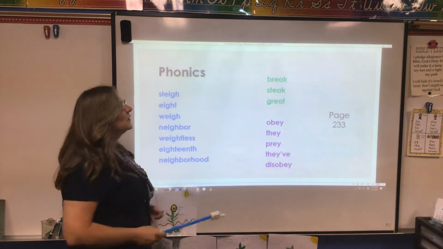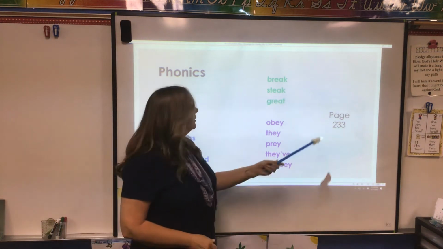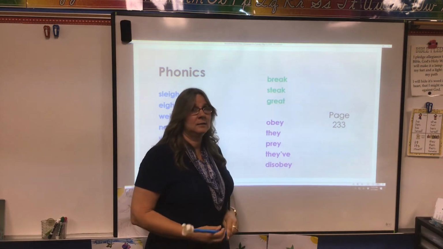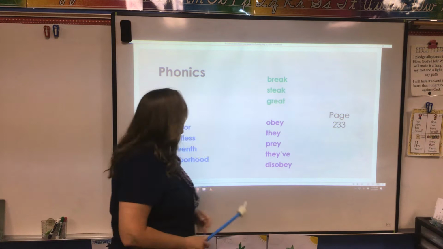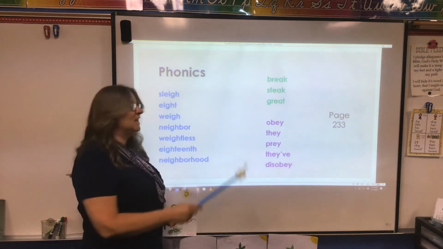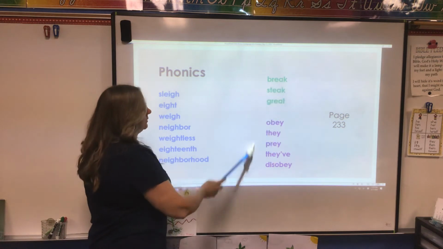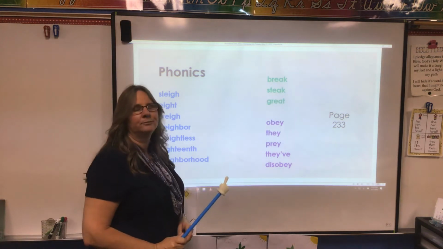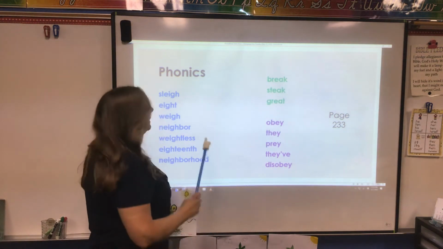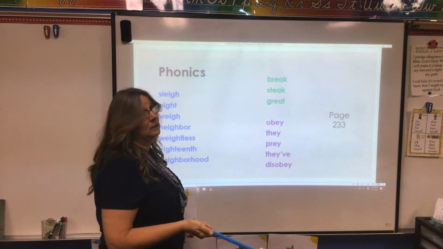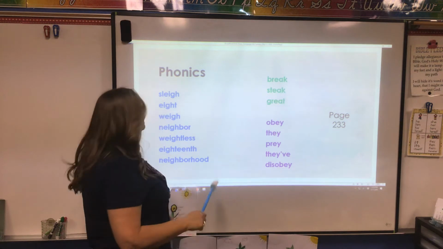So we have our phonics here. What you're going to look at is page 233, and that is the phonics page that you will be working on. As you can see, I split up the words according to their letters, because they all make the same sound. They all make that long A sound, the Canadian sound.